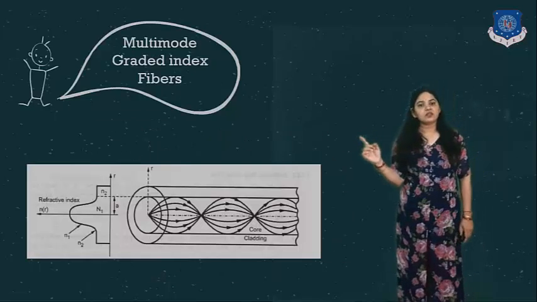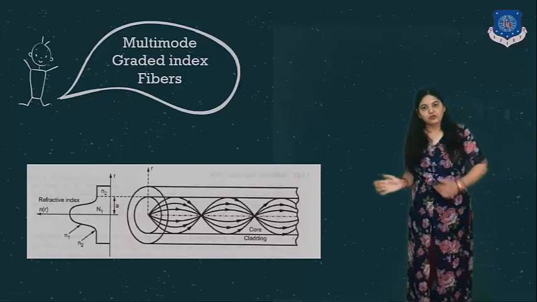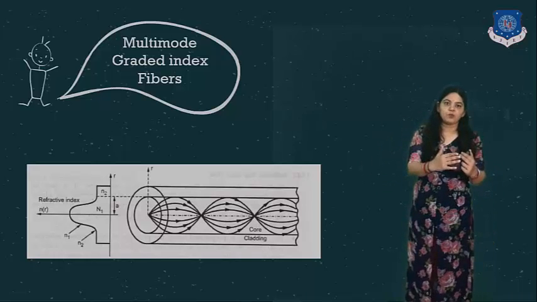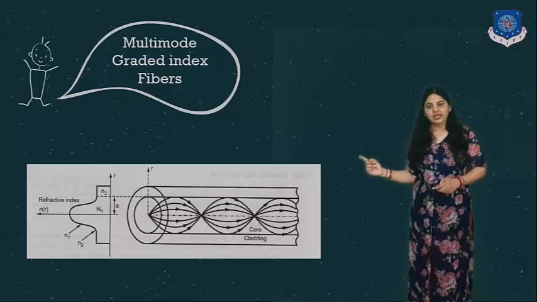So next is the multi-mode graded index fiber. Now the light is gathered at one point. So you can see the shape of the graded index fiber.